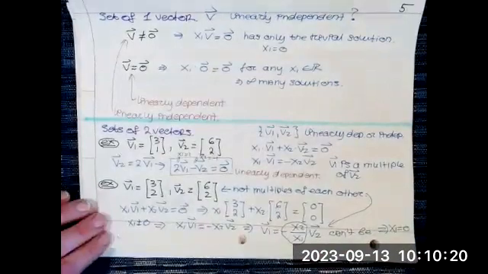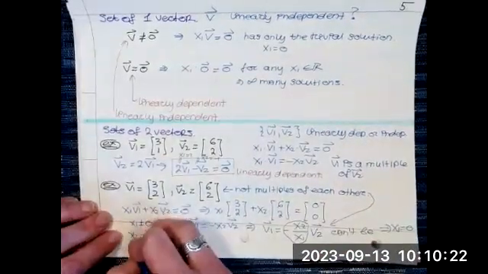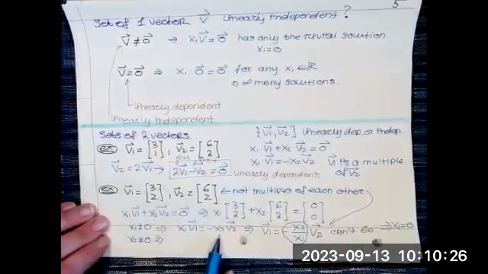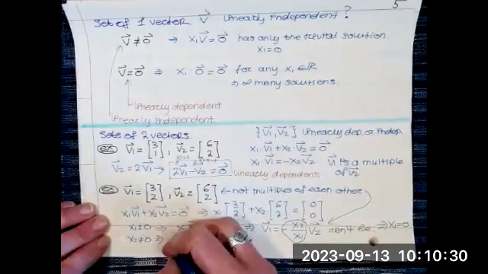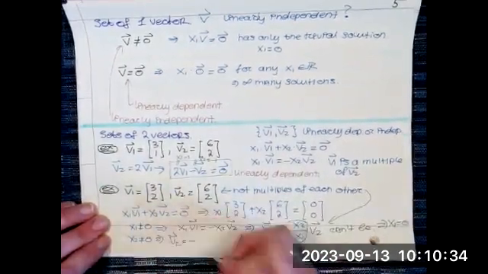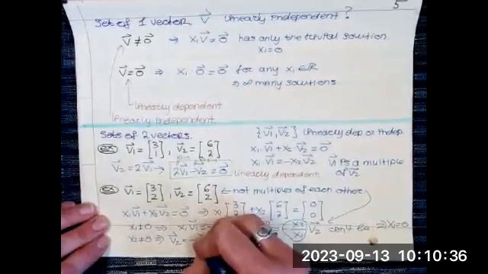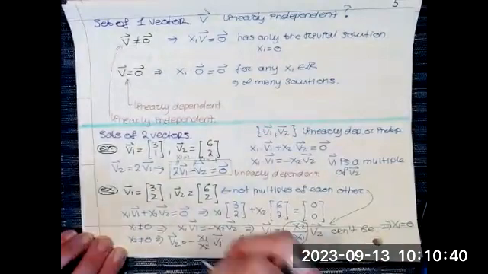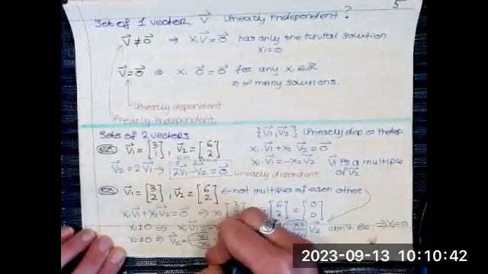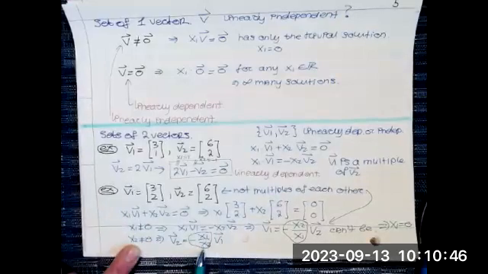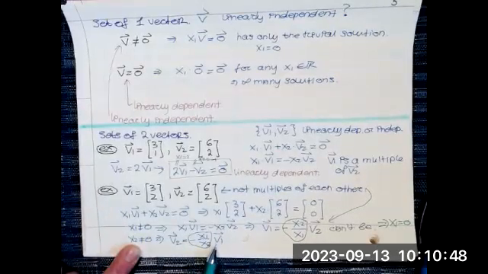And you can do the same with x2. If my x2 is not equal to 0, then similarly, I can take this relation and divide by x2 or minus x2. So this will give me that v2 equals minus x1 divided by x2 times v1. So it's the same thing here. If x2 is not 0, then v2 is going to be some constant multiple of v1.